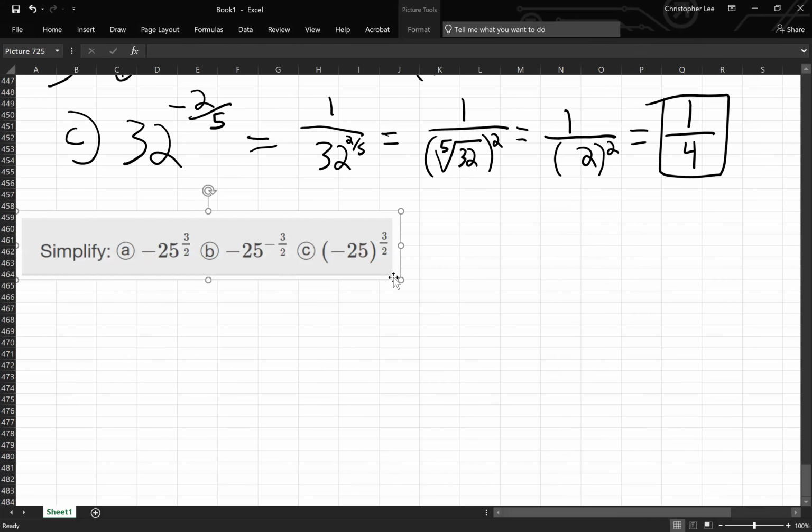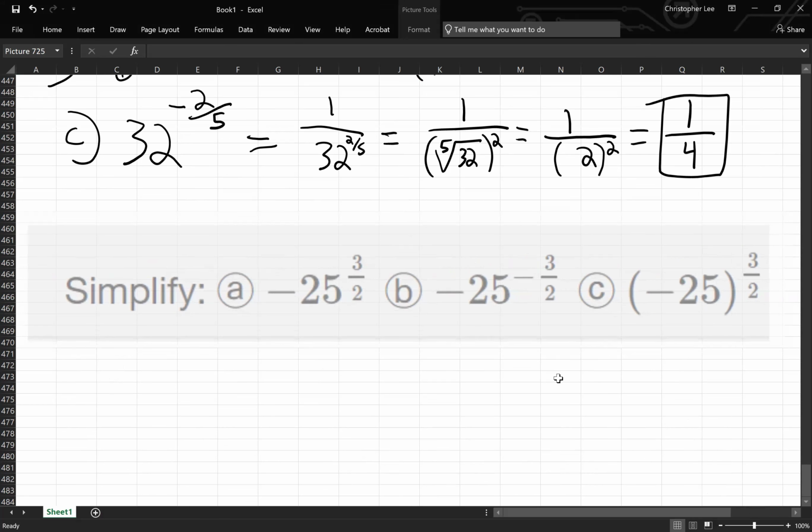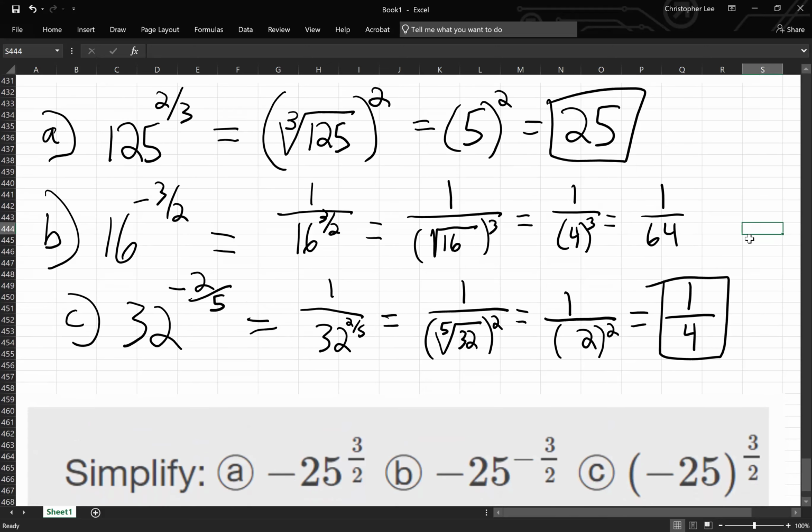There you go. So try that out and then we'll see.